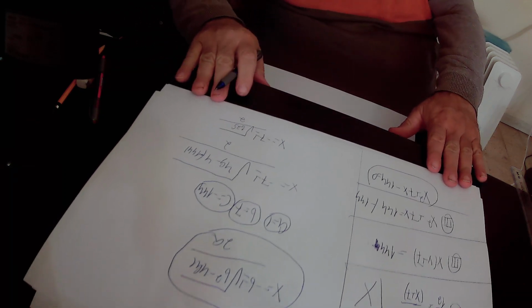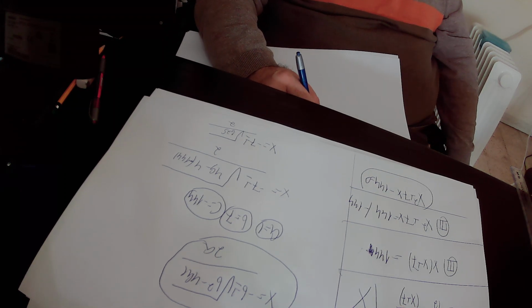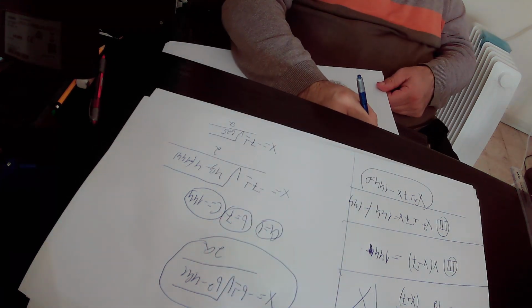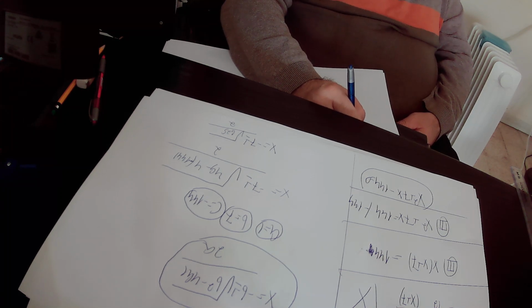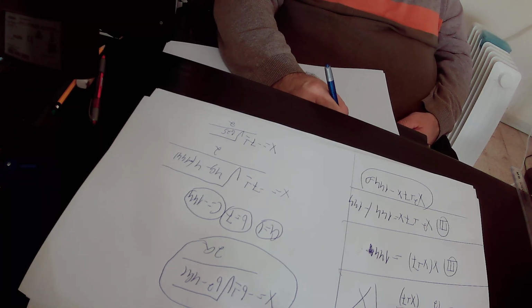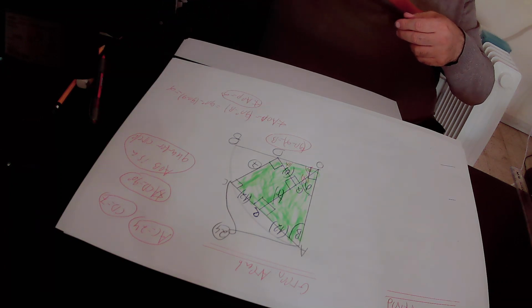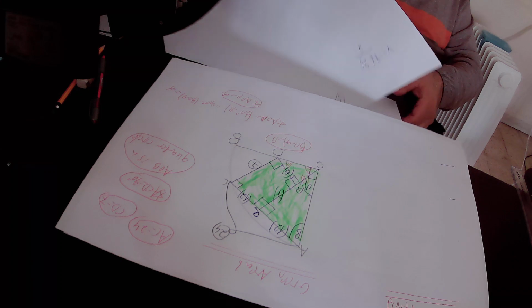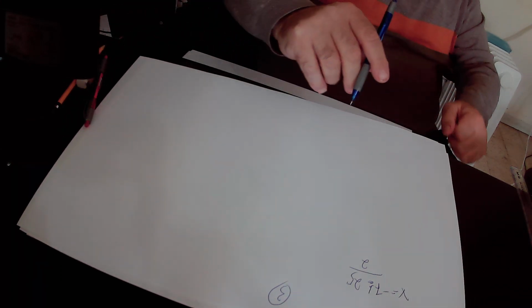So actually we found out here that x equals minus 7 plus minus the square root of 625, which is 25, over 2. Okay, x equals minus 7 plus minus 25 over 2.